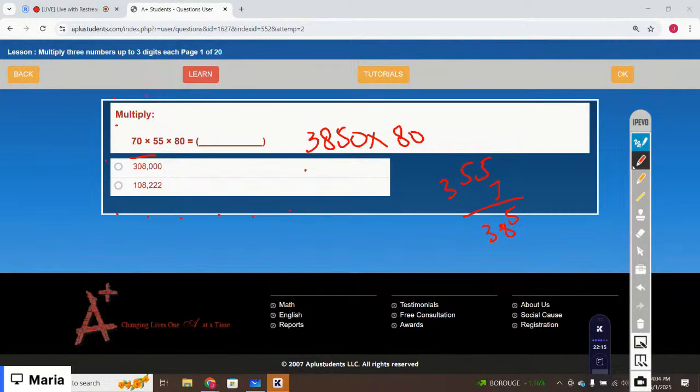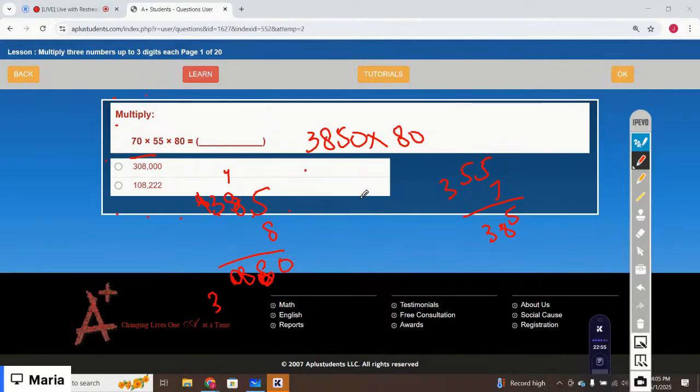Now you have to multiply 3,850 times 8. Just multiply the non-zero values, 385 times 8. 8 times 5 is 40. 8 times 8 is 64 and 4 is 68, right? 8 times 3 is 24 and 6 is 30.